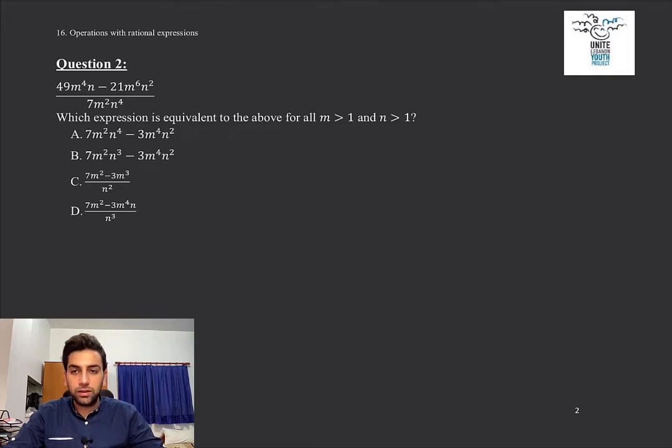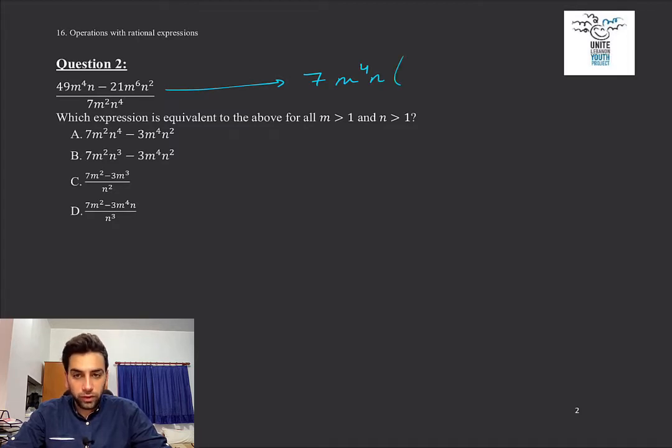Well, if you look at the denominator, it's already factorized, so we just need to factor out the numerator. How can we factorize our numerator? Notice we have 7 in common, so here what we can do is take 7, then take m to the 4 as a common factor, and only 1n as a common factor.